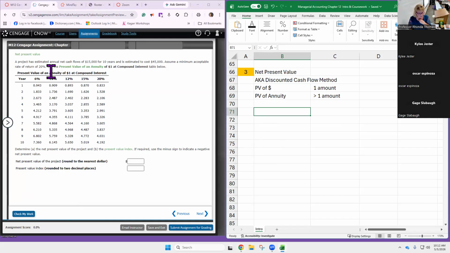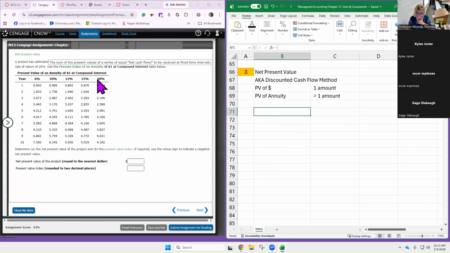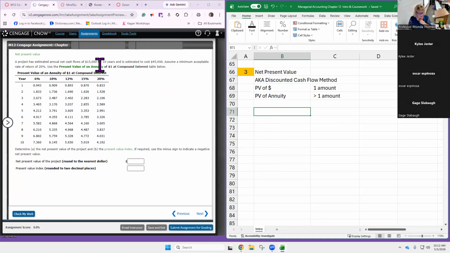It says we have an estimated annual cash flow of $15,000 for 10 years, and it's estimated to cost $45,000. So let's take 15,000. That is our annual net cash flow.